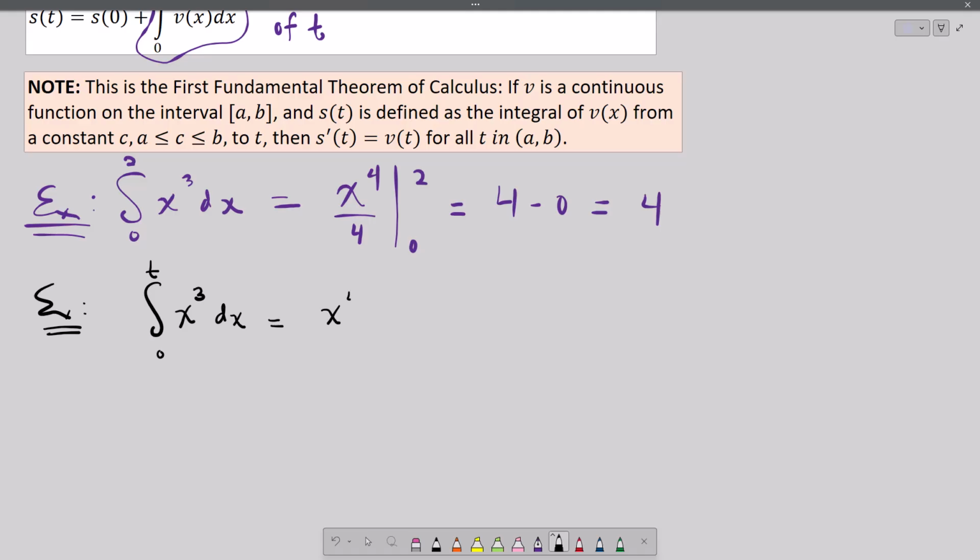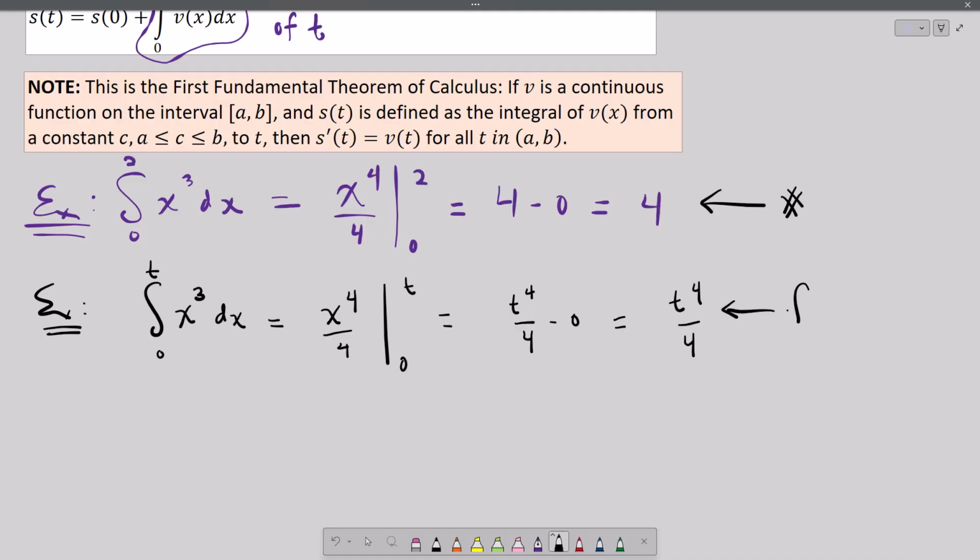We still get the antiderivative the same way, but notice that here we end up with t to the 4 over 4 plus 0. You subtract off 0. So this right here is a number, a constant. This right here is a function.